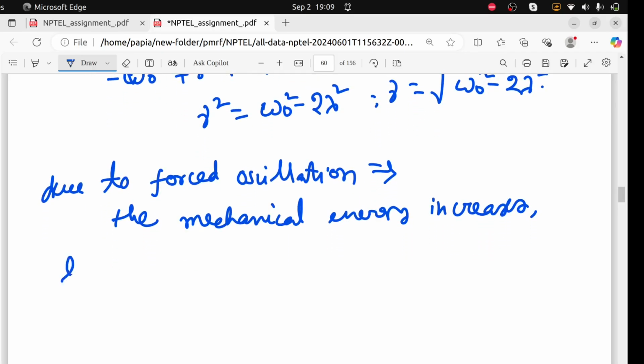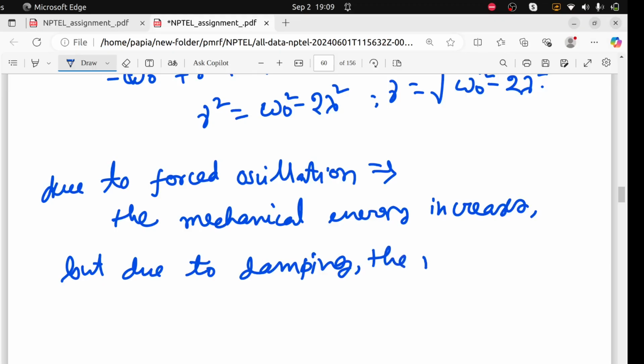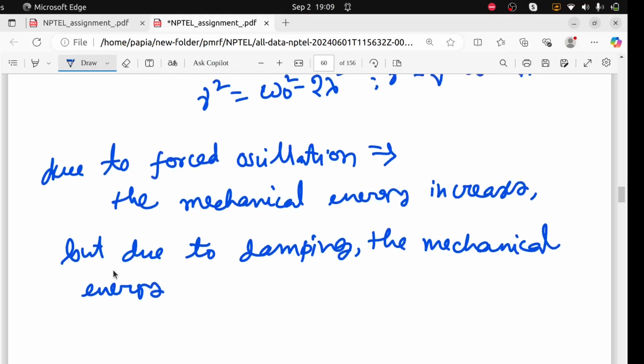But due to damping, the mechanical energy decreases.